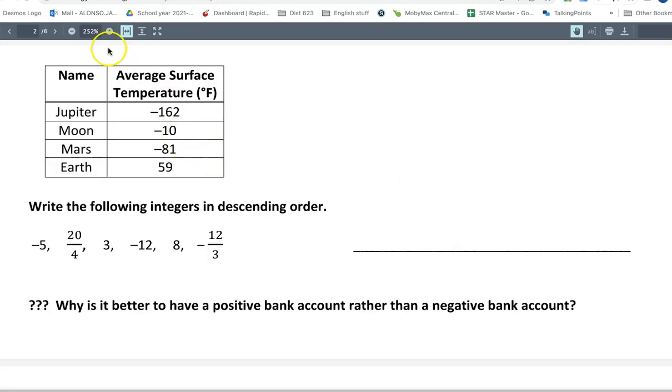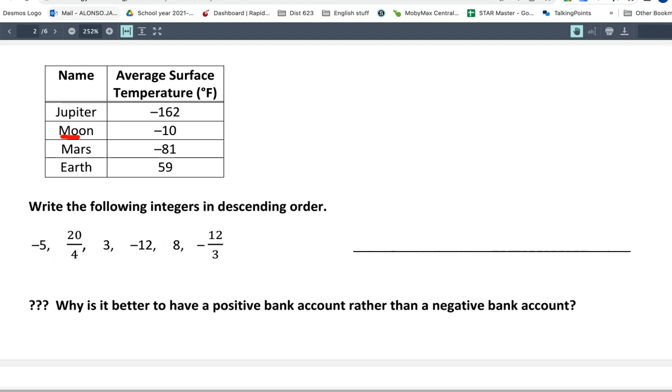So if we were to put this on a number line, which we are going to do right now, this is how I want you to do it. We're not going to write the entire names on the number line. For Jupiter, I want you to just write the letter J. For Moon, I want you to write MO.